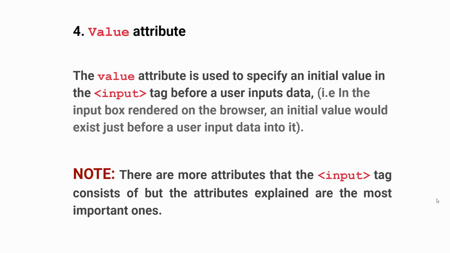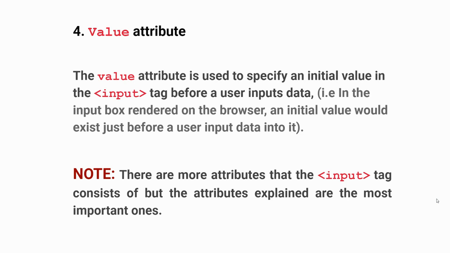When the input box is rendered on the browser, in some forms on some web pages or apps, you would see a little text within that box where you have to slot in your data. It's just for you to know that this is what you have to put in. So an initial value would exist just before a user inputs data into it.